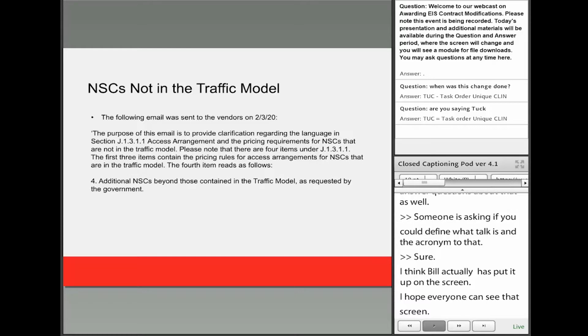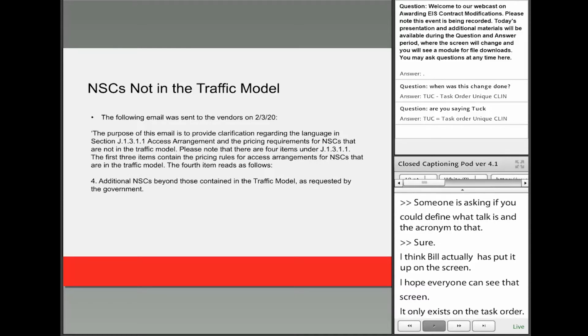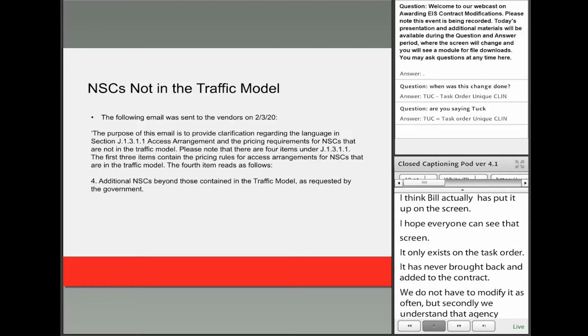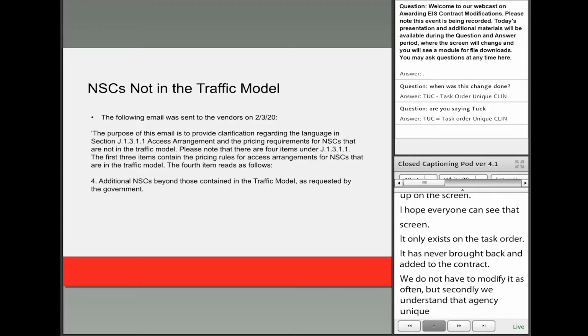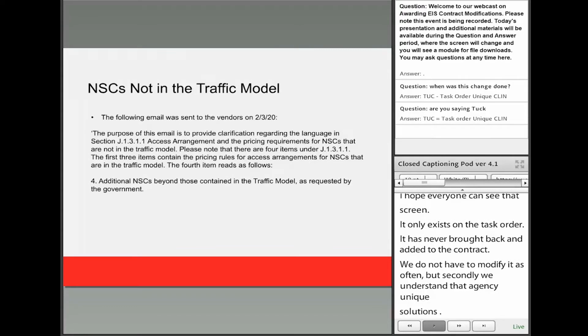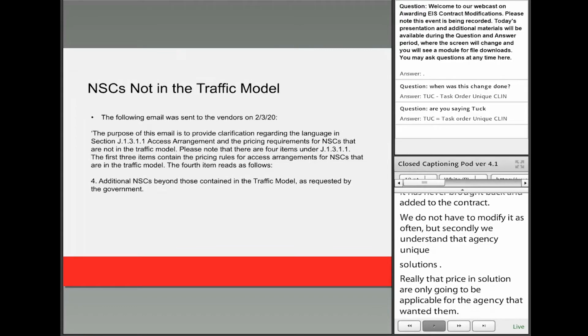And that's done, once again, for 2 reasons. So we don't have to modify the contract as often. But secondly, we understand agency-unique solutions, really that price and that solution are only going to be applicable for the agency that wanted them. It's hard to imagine that 100 plus agencies or even 2 agencies might want or need the exact same solution. So that's why TUCs are available for use.